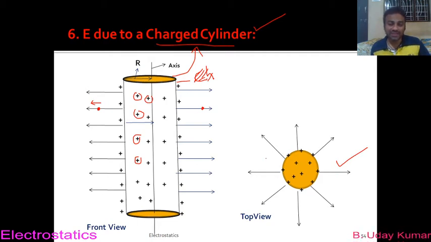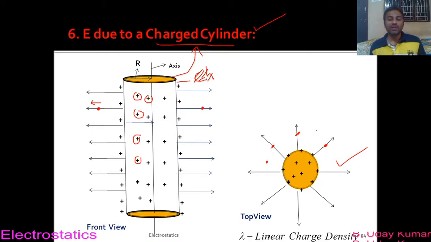If I see this charged cylinder from top, the electric lines of forces will be directed outwards in all the directions. Now I can choose any point here. Whatever point I choose around the cylinder, the direction of electric field intensity will be directed outwards. Please try to understand this one.